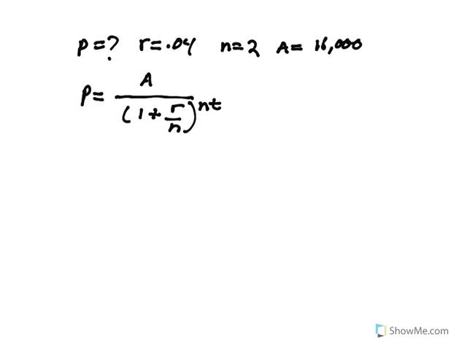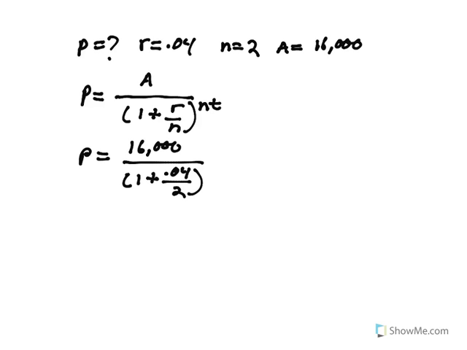Okay, so again, we know the information. Why don't we just start plugging it in? A is going to be 16,000. It's going to be 1 plus 0.04 divided by 2, and N times T.